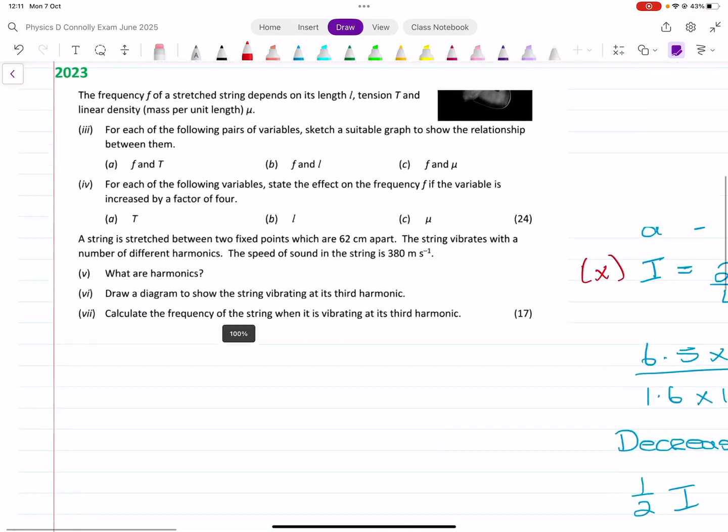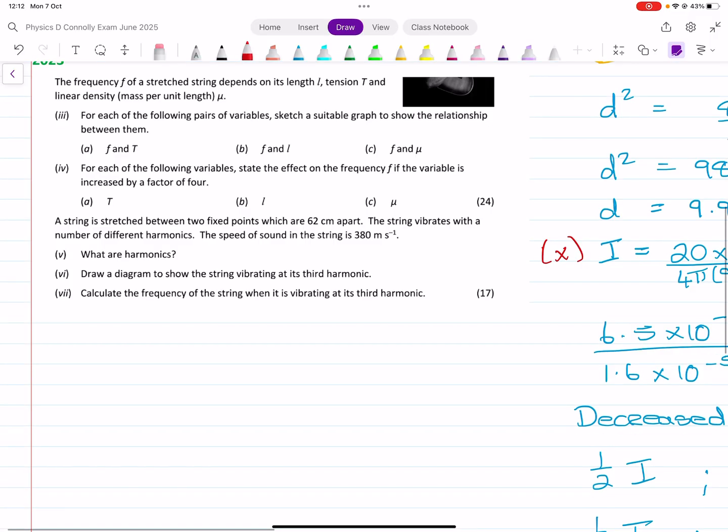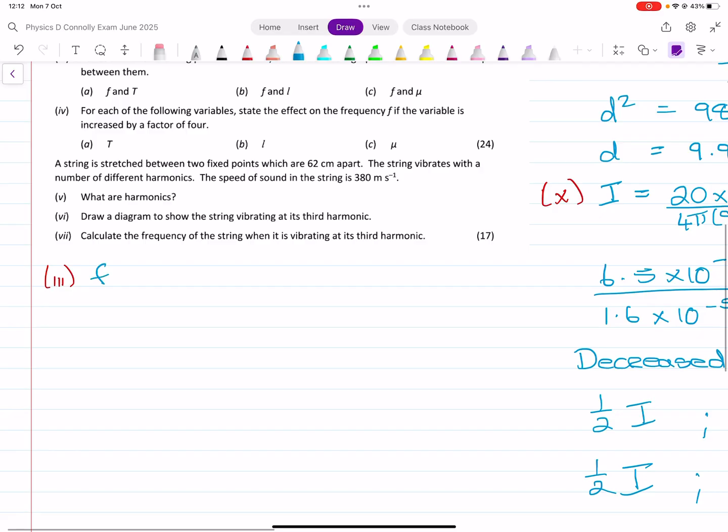Okay, that's that one. This one, the frequency f of a stretched string depends on its length, its tension, and its linear density, or we called it mass per unit length, mu. For each of the following pairs of variables, sketch a suitable graph to show the relationship. So you just have to know the relationship, or you can go and get the formula tables book and pull the relationships out of the formula if you don't know them off by heart.